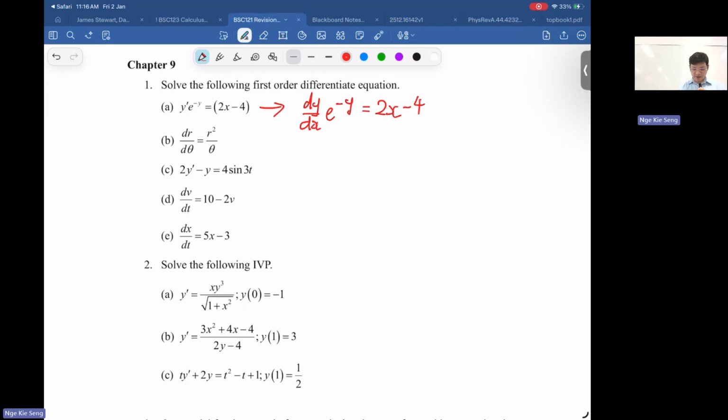Okay, so we can see that the variables can be split up, meaning I can move all the y to one side and all the x to the other side, so that I can use the separable equation method to solve it. Okay, happy? Yeah, no?